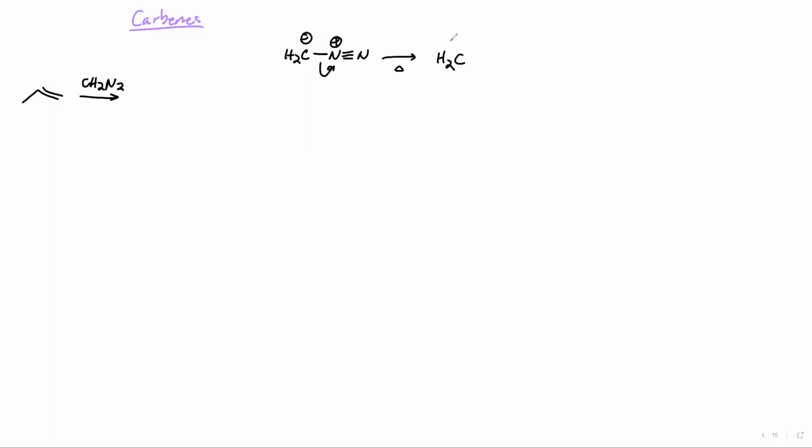Okay, so this is an interesting thing because carbon is anionically charged, but carbon is also losing a leaving group. And normally when carbon loses a leaving group, what charge do we give it? We give it a cation. So this structure here that we're going to draw is actually a carbanion and a carbocation both in one.